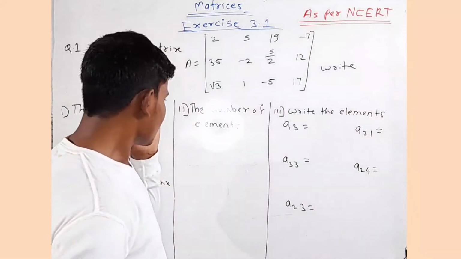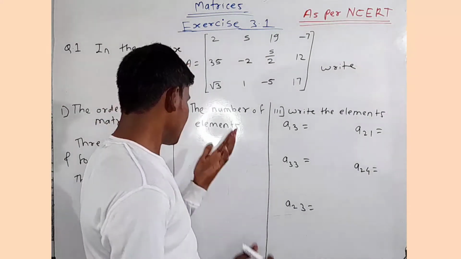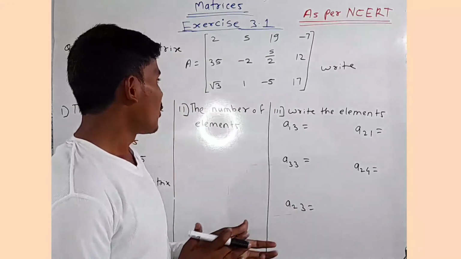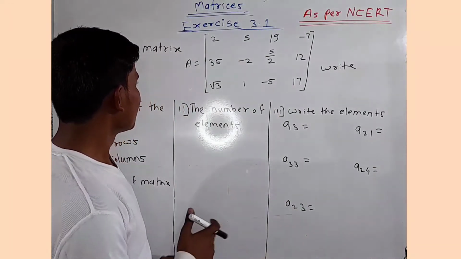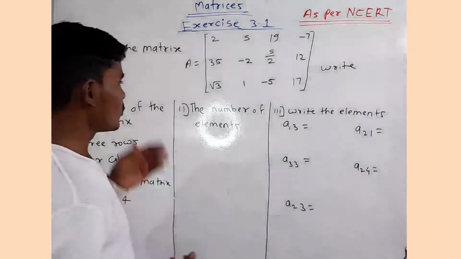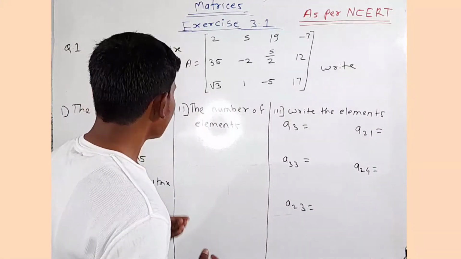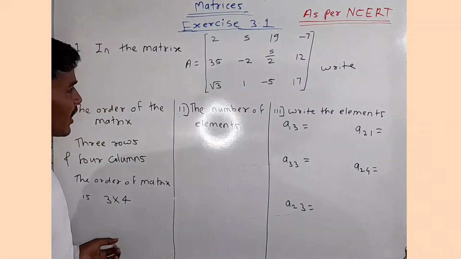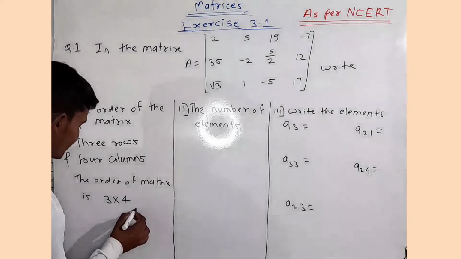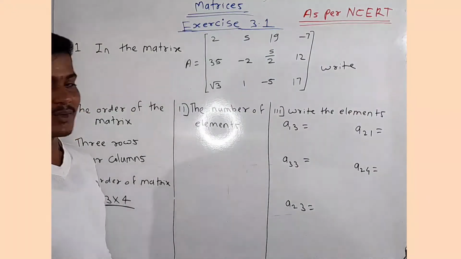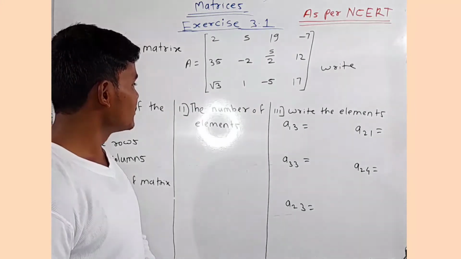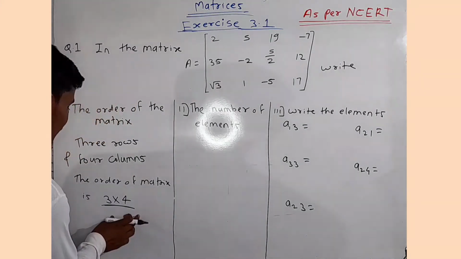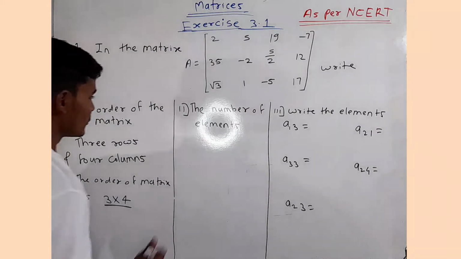Then next, the number of elements. The next question asks how many numbers are there in the given matrix A. We have a trick to find this answer. We just make this multiplication and we get the number of elements in any given matrix. Its multiplication is 12.